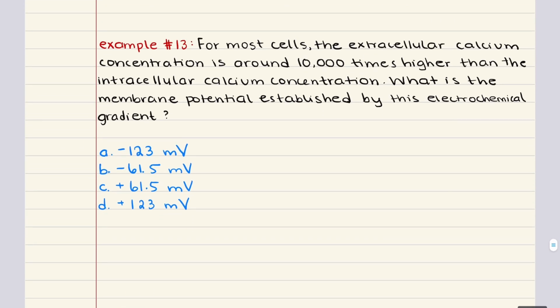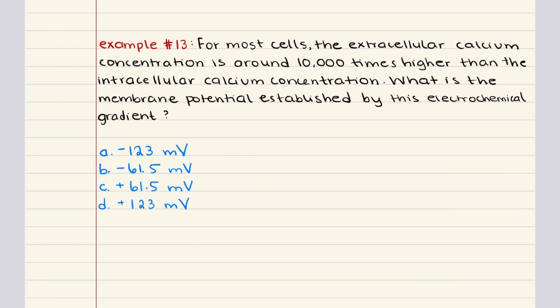Problem 13 says for most cells, the extracellular calcium concentration is around 10,000 times higher than the intracellular calcium concentration. What is the membrane potential established by this electrochemical gradient? To figure out the membrane potential from this gradient, we can use the Nernst equation.